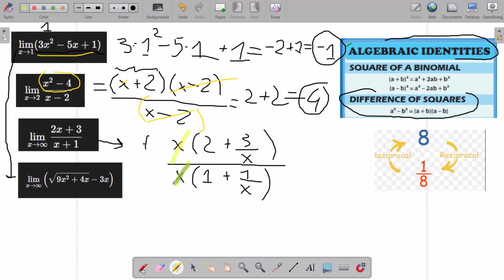But what to do with this? How should we approach this problem when we have this 3 over x and when we have 1 over x? So it's very important to understand that in this case, x approaches infinity. So infinity is a very huge number.